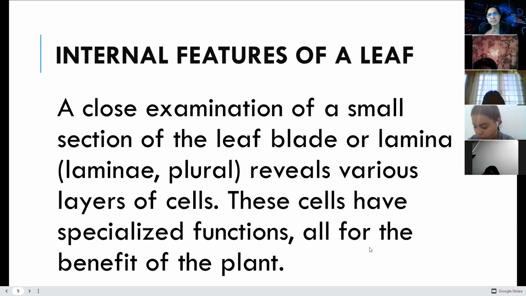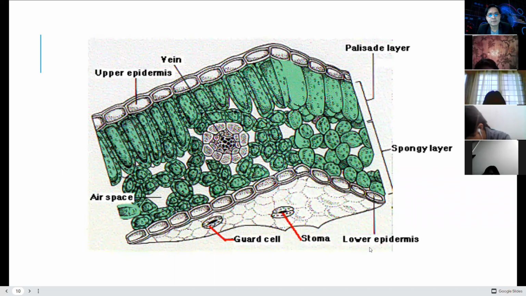It consists of different specialized functions, all for the benefit of the plant. If you take a cross-section of your leaf, you can observe this under the microscope. The palisade layer, you can see it here. The spongy layer. The palisade layer contains what?